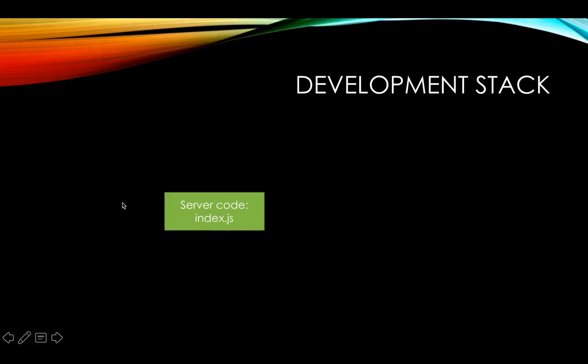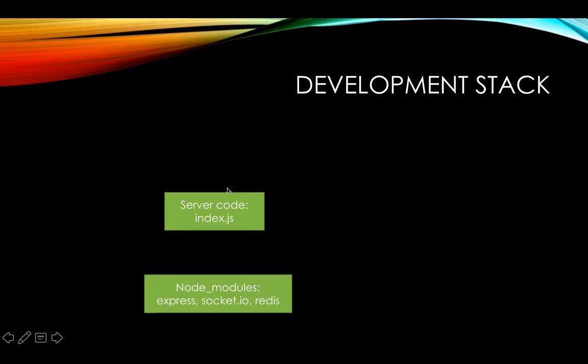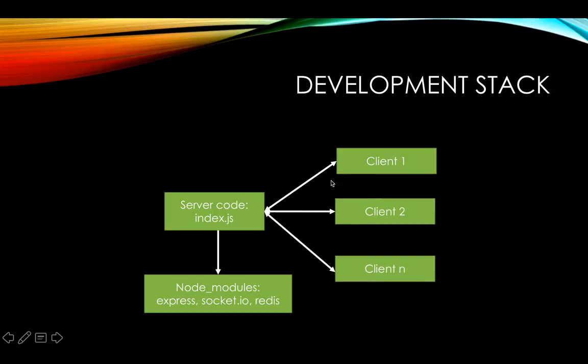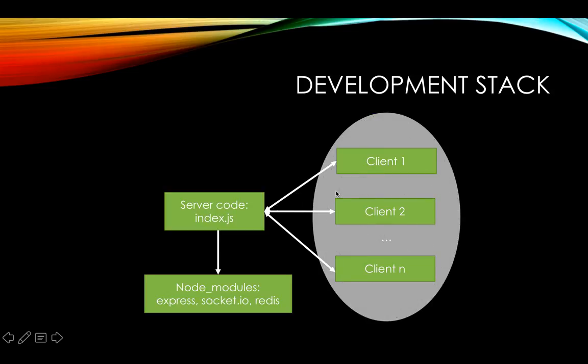Let's look at the diagram. So this is our server code, index.js, and we use some Node modules, Express, Socket.io, and Redis, to support our server code, and we will have many clients. And the client can communicate with the server by socket.